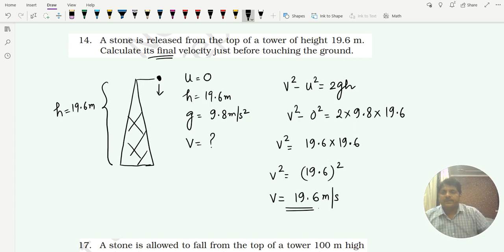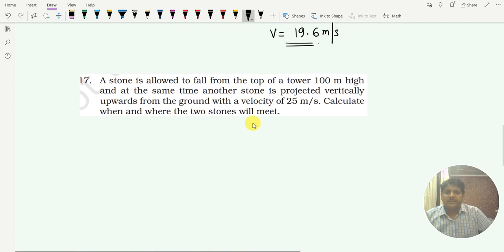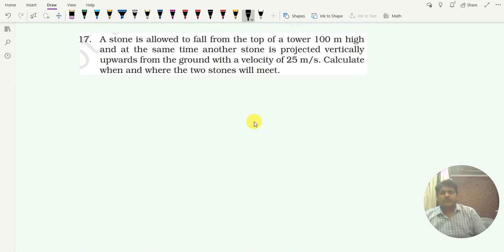Okay. Now question number 17. This is a question which most of the children have difficulty with. So let us try to do this question today. A stone is allowed to fall from the top of a tower. So we have got a tower here.